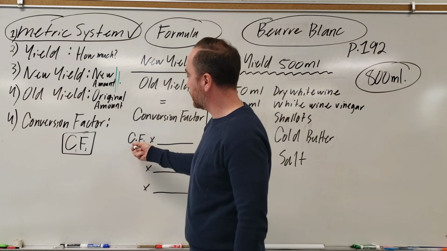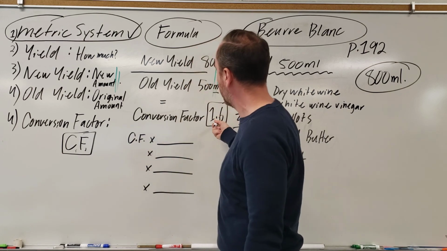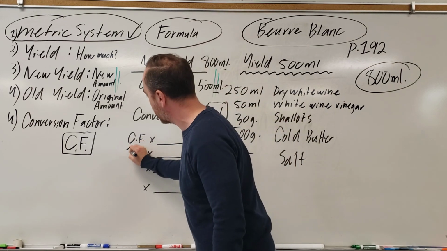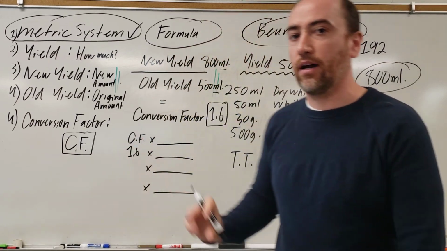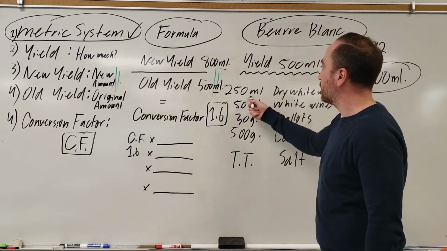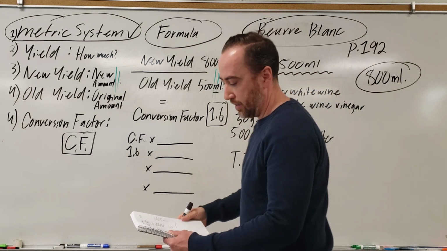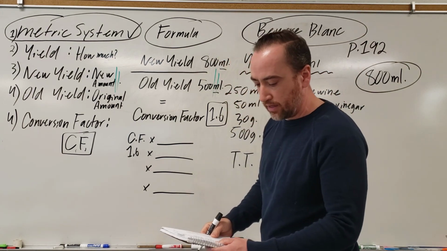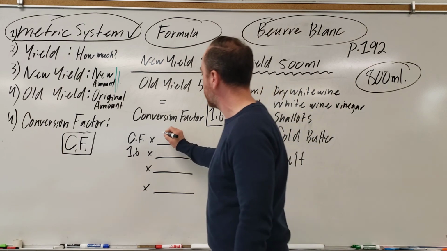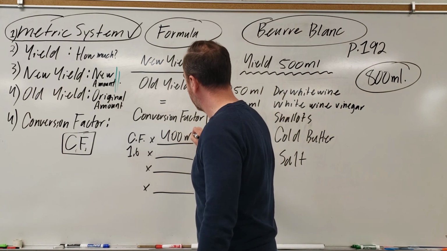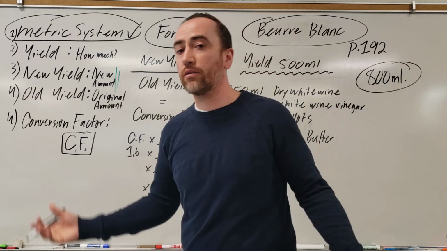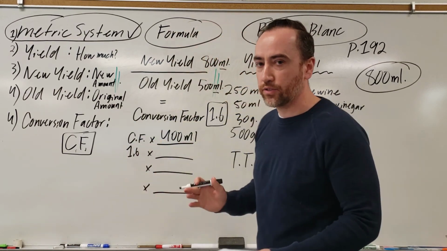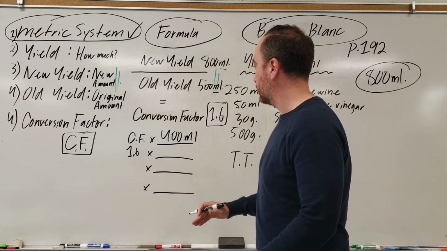So this is 1.6. Conversion factor 1.6 is going to get multiplied by each and every ingredient now on our list. So 250 times 1.6 is 400 milliliters. Make sure you write down milliliters so we don't say 400 what? 400 milliliters, sir. Aye, aye. Okay?